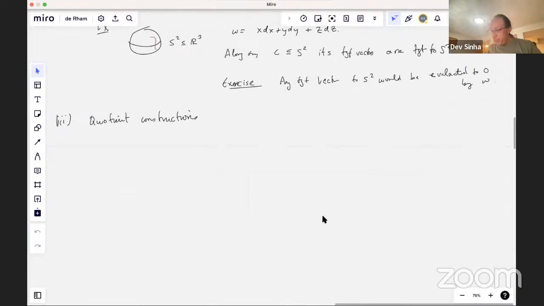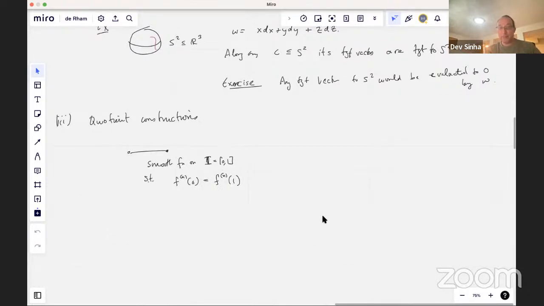So the key is that we consider a smooth function on the interval, I is what I like to call the interval 0, 1, such that any derivative at 0 agrees with the same derivative at 1, including the 0th derivative.